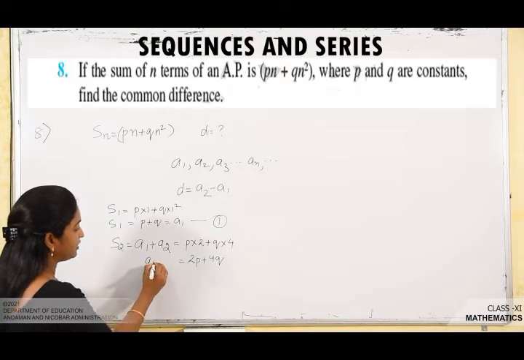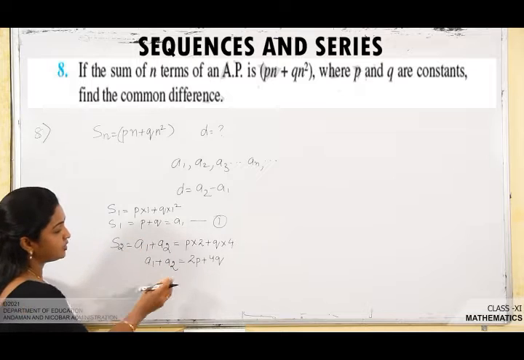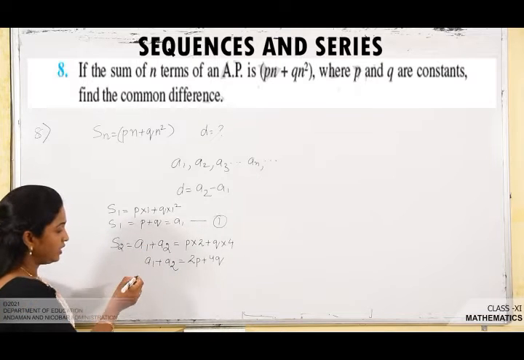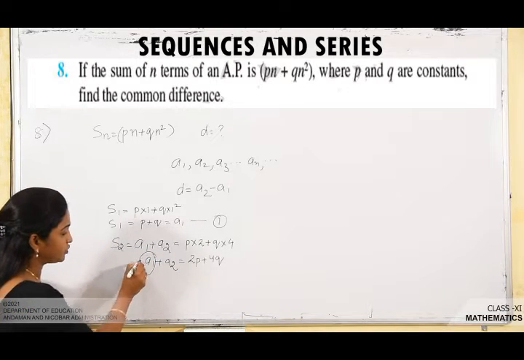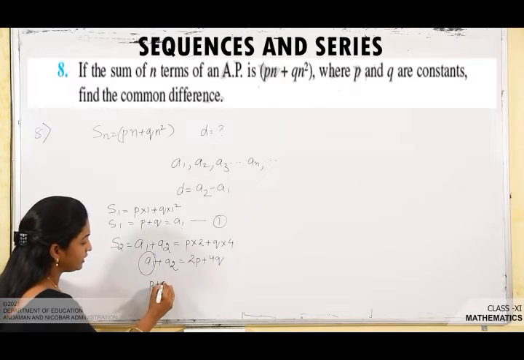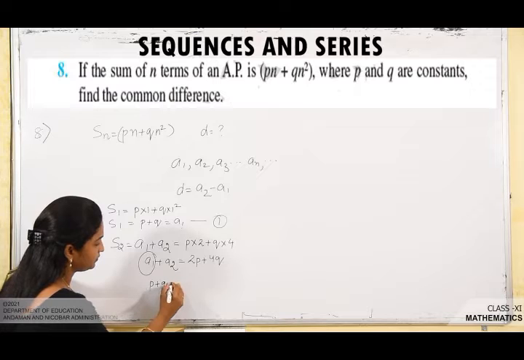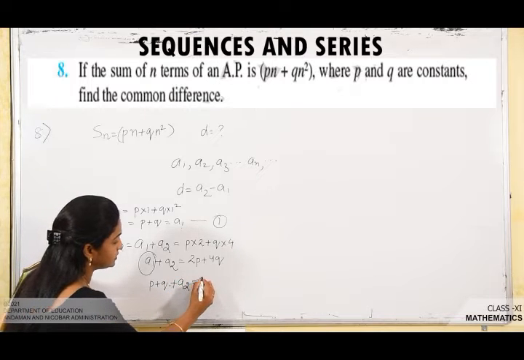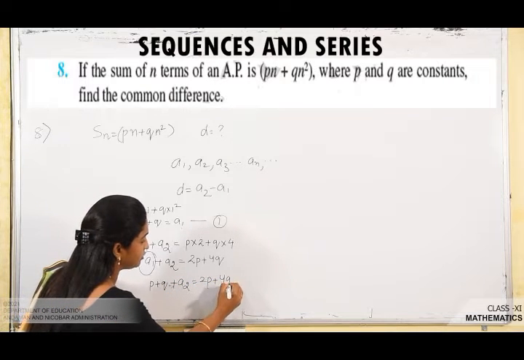So you got A1 plus A2 as 2P plus 4Q. What we will do now, we will substitute the value of A1 as P plus Q here. So P plus Q plus A2 is equal to 2P plus 4Q.